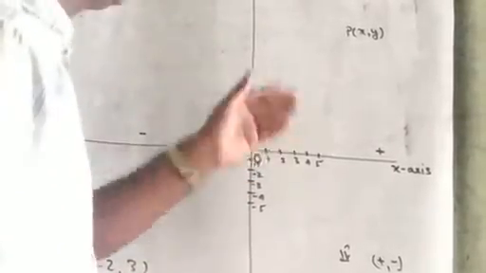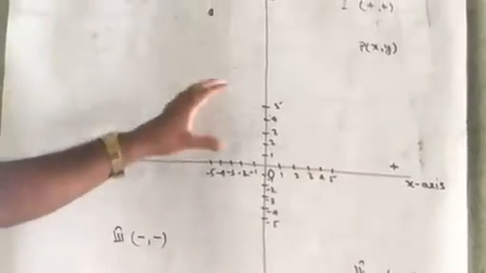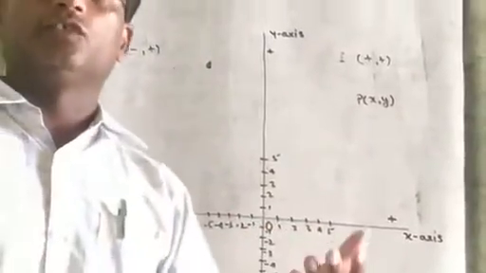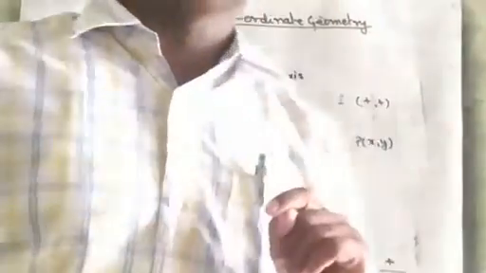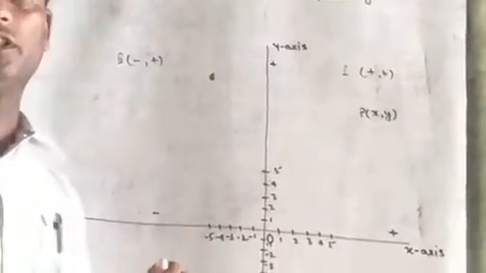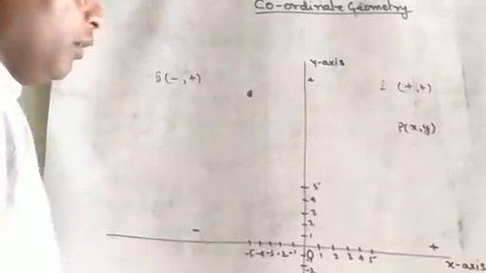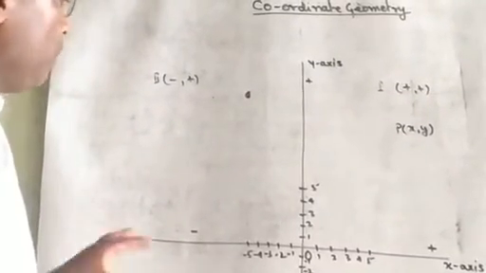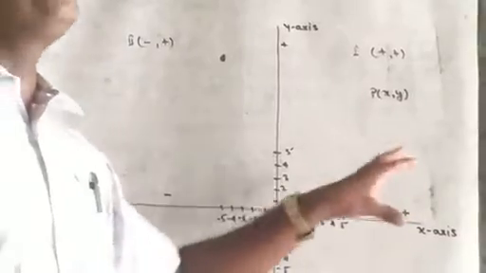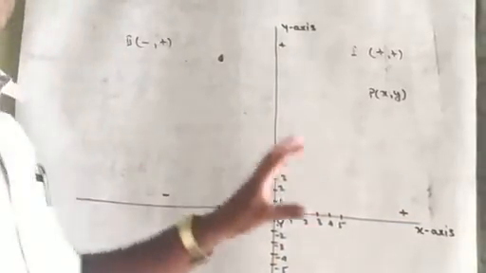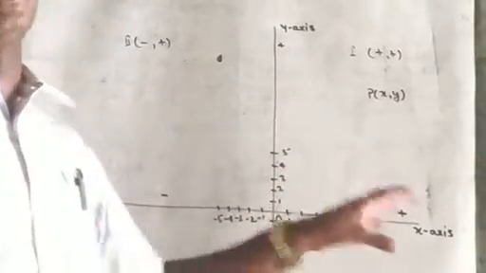Clear? After the explanation of all this, we find a few conclusions. What types of questions arise? First, the coordinates of a point are given and we are asked in which quadrant that point lies. That is the first type of question. Second type of question: locate the points on graph paper, or represent the points on the graph paper.